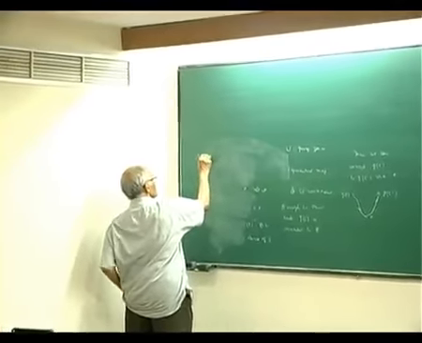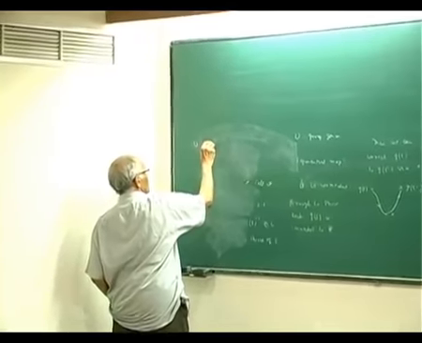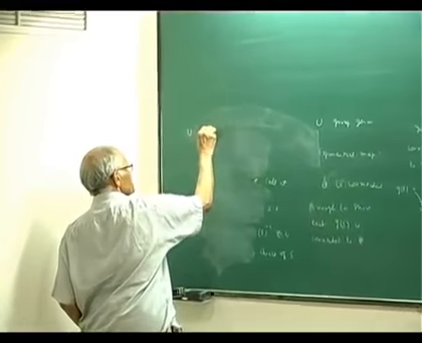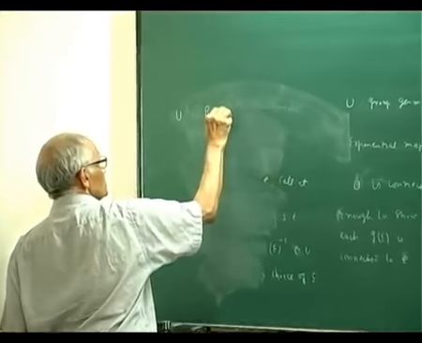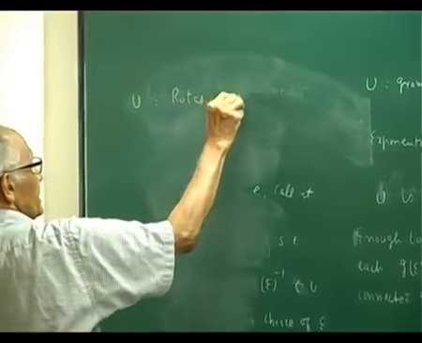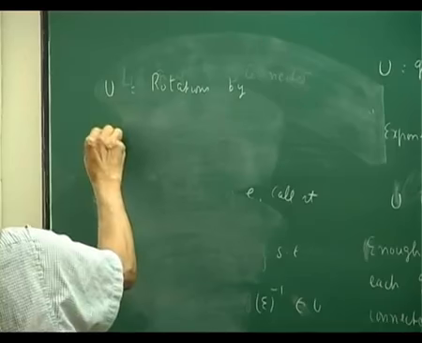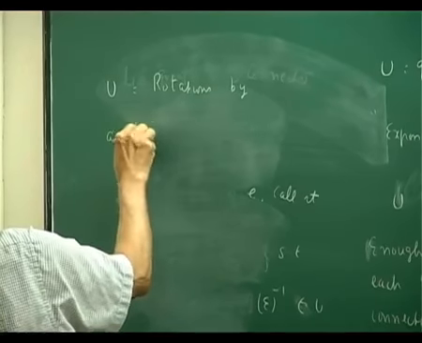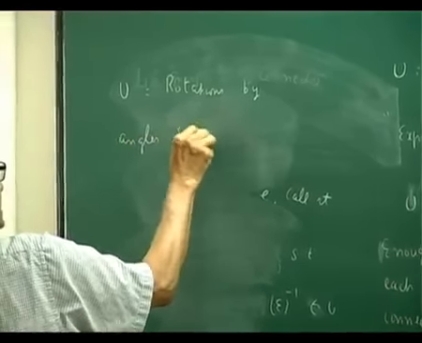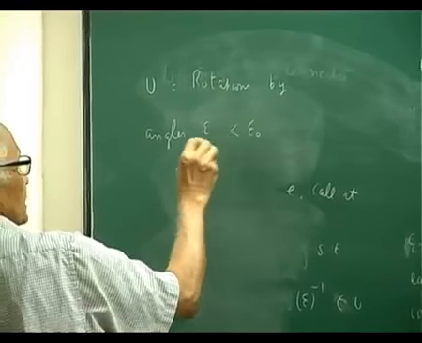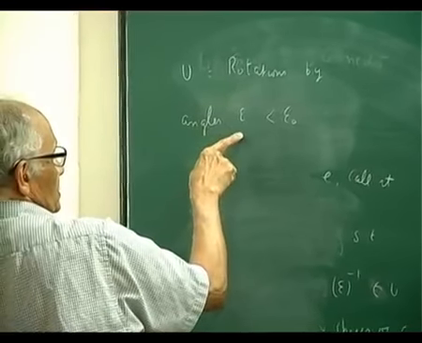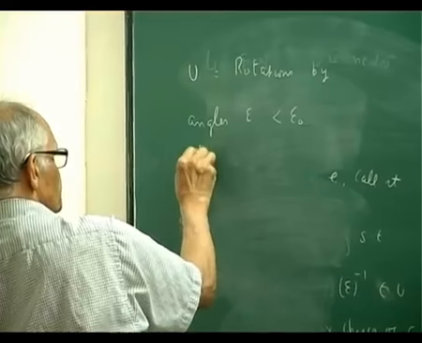Okay, so U consists of rotations by angles less than epsilon 0, about every axis.